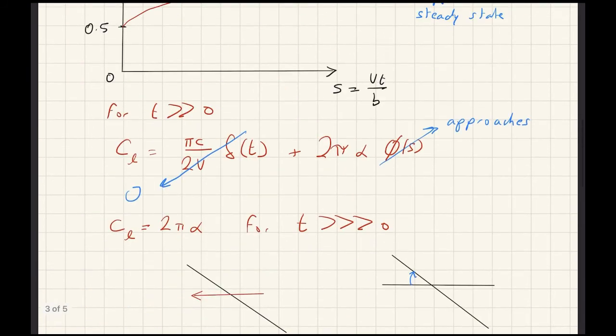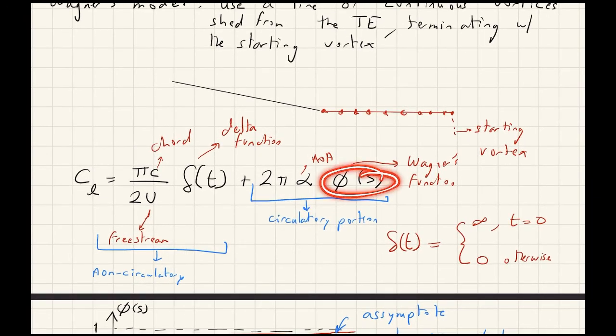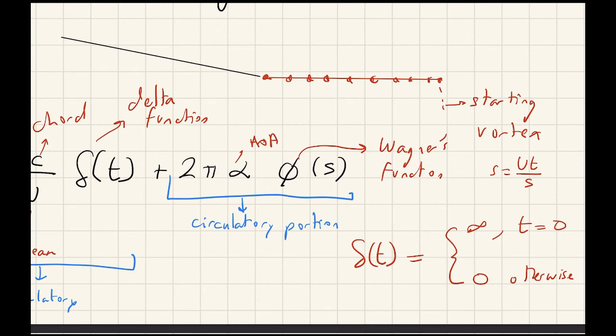And then again, to help you evaluate this function, phi of s is equal to Ut over b, where again, this is not s, this is b.